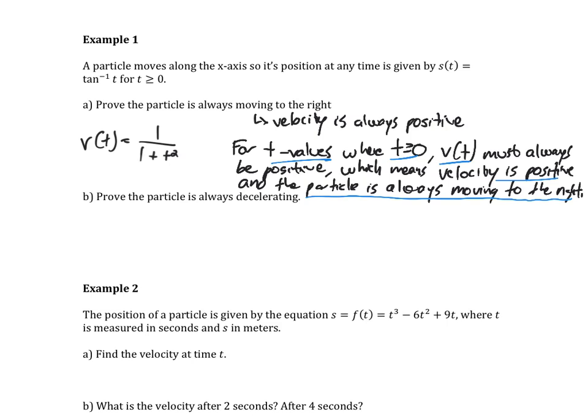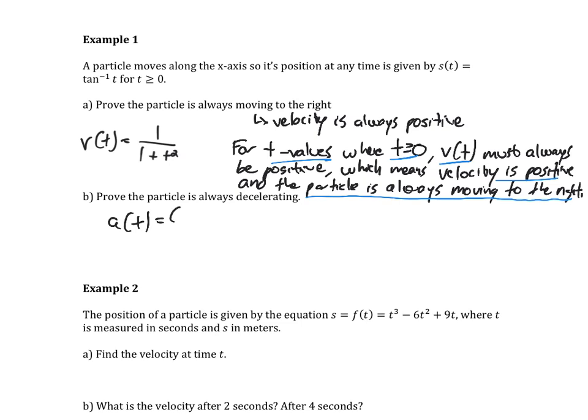So if we're trying to prove something about the acceleration or the deceleration, we need to take the second derivative. So if we take the second derivative, we need to do a little quotient rule here. So low d high minus high d low over low squared.